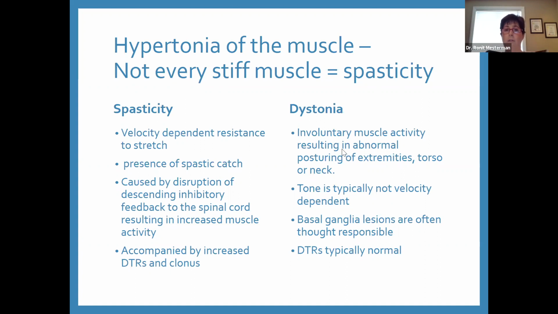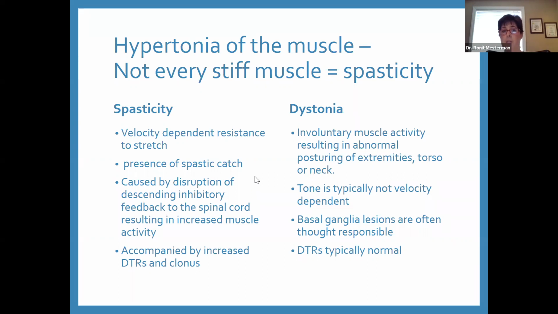The dystonic muscle is more of an involuntary muscle activity that results in abnormal posturing of extremities. When we apply this exam in arms and legs, typically the tone is not affected by the speed of the movement. Those two different types of tone result from different disruptions in the pathway.